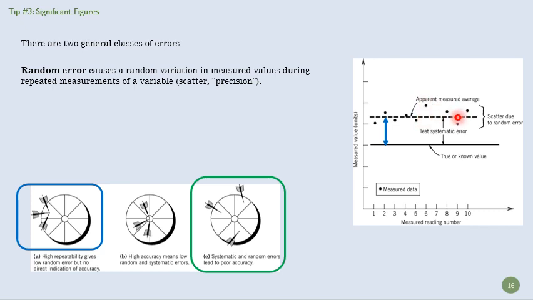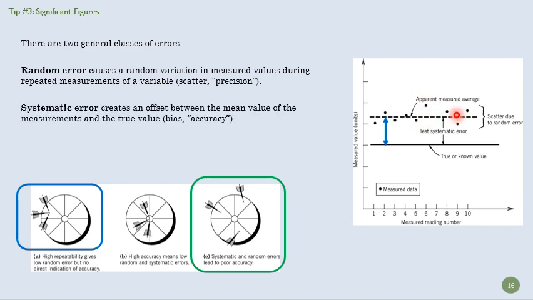Systematic error arises because there's something wrong with the problem. Let's say the way I was measuring it had some kind of error. My measuring stick was not very good, or I forgot that I was wearing platform shoes that were giving me an extra 3 inches every time I threw the ball, or my elbow was hurting that day, and so it wasn't really as high as I could throw the ball.